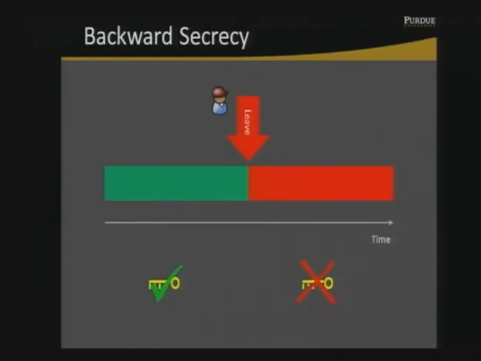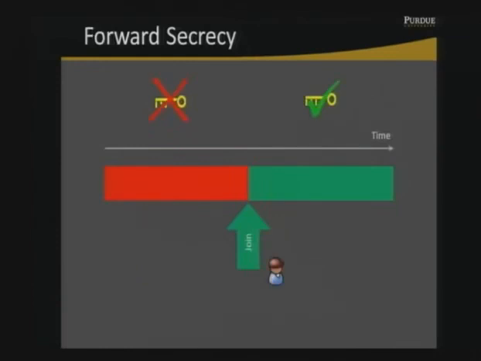So this makes sure that the user is not allowed to access keys after the user has left. And forward secrecy. Forward secrecy makes sure that the user cannot access historic data. Some systems allow users to access historic data, and some do not. It depends on the application.